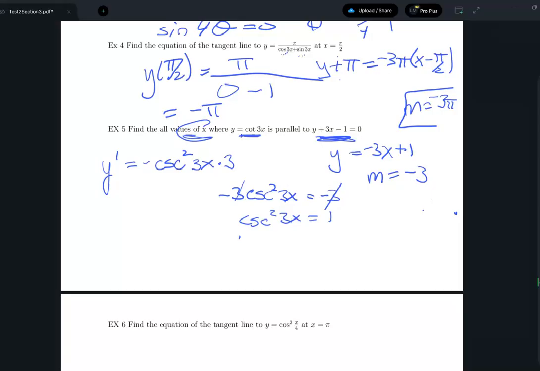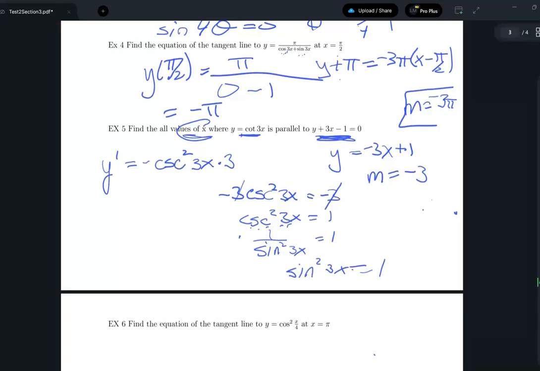And you know when you take the square root, you get plus or minus. Let me take the time to rewrite this in terms of sines first. This is the same thing as saying 1 over sine squared of 3x equals 1. So that gives me sine squared of 3x is 1. If I take the square root of both sides, I'm going to get 2 equations that I get to solve.